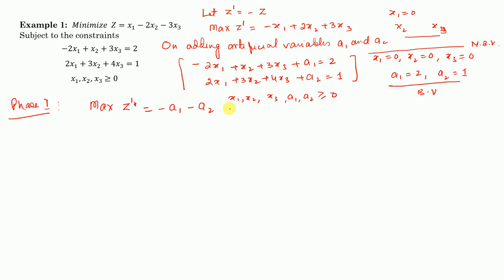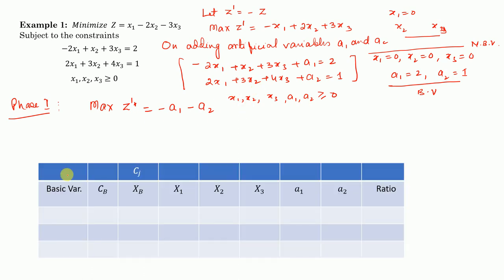So using this problem, we will write the simplex table. Here the basic variables are a1 and a2, their coefficients. Look at this in the objective function, minus 1 and minus 1. Here x1, x2, x3, all these are absent from this one, so coefficients are 0, 0, 0.